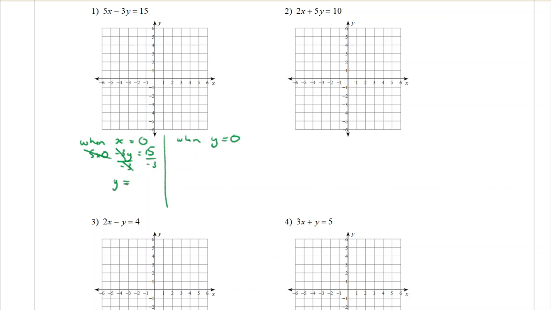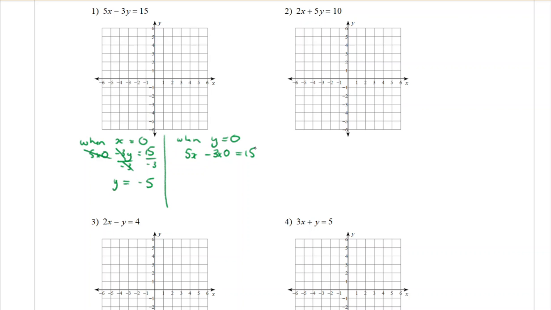On the right-hand side, 15 divided by minus 3 is negative 5. I'm going to plot that on the graph in a minute, but I'm going to do the other one first. On the other side of my line, I want to come back to my original equation, and I want to make the y equal to 0. So starting up here, I have 5x minus 3 times 0 equals 15.